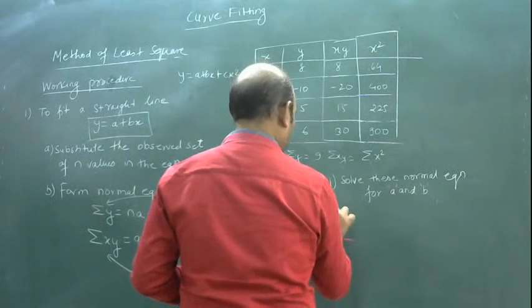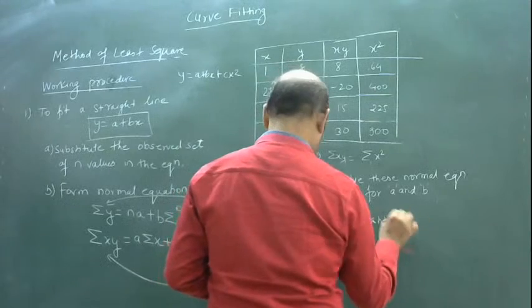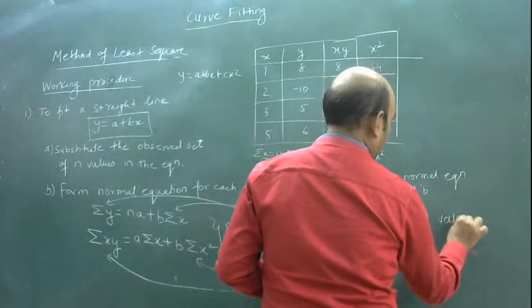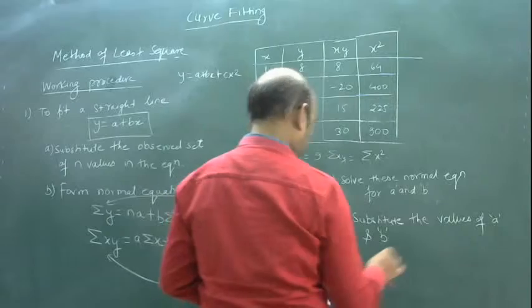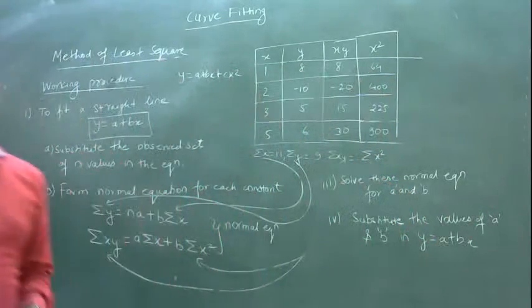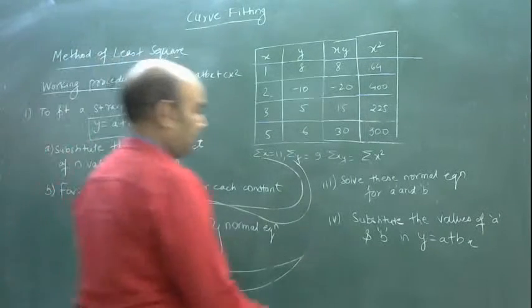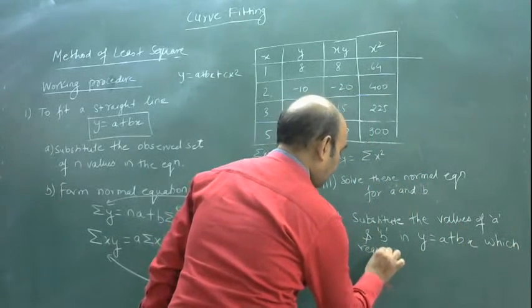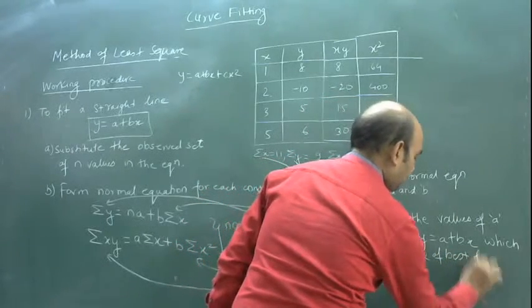This is third, and fourth, substitute the values of a and b in y is equal to a plus bx, which is the required line of best fit.